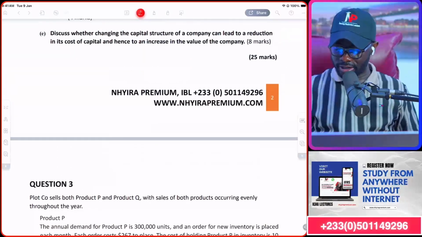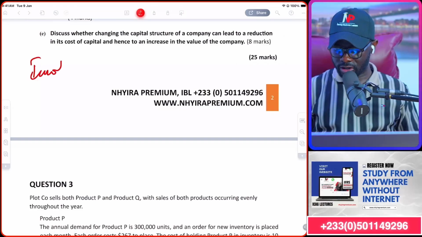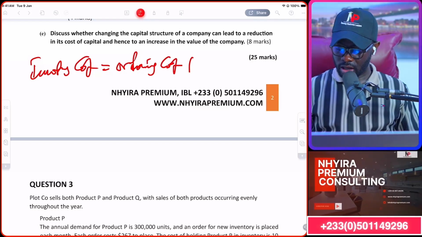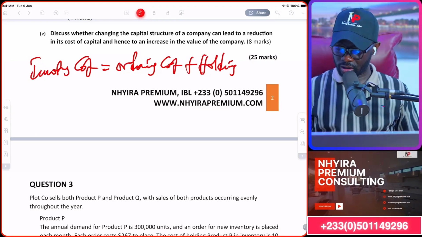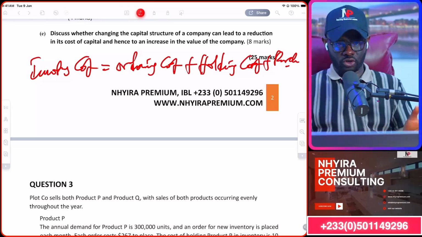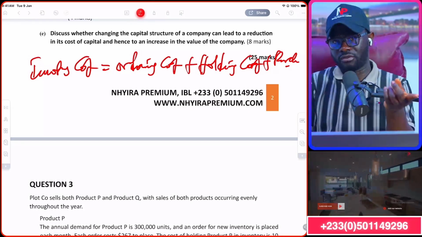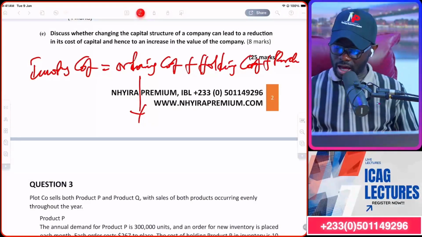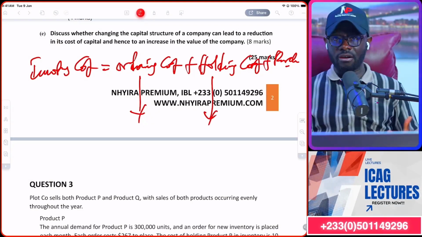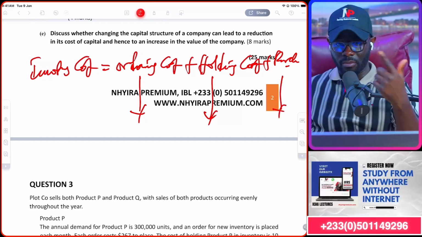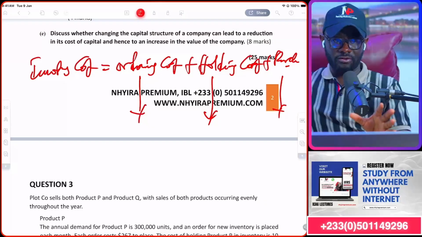And if you're a good student, the total cost of the inventory will be your ordering cost plus your holding cost plus the purchases cost. Those are the three things adding up to inventory cost. The ordering cost is the cost you are incurring per order. Holding cost is the cost we are incurring for storing or keeping the inventories. Purchasing cost is the actual money you are paying for the inventories.